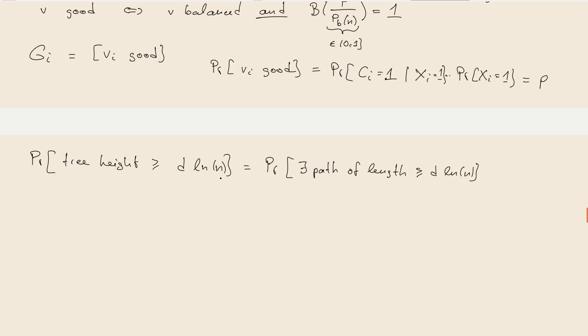Okay? The height is always the maximum, so there must be some path. And now this exists a path. This is essentially a union over the depth of all leaves in the tree. So this is something that comes from Quicksort.